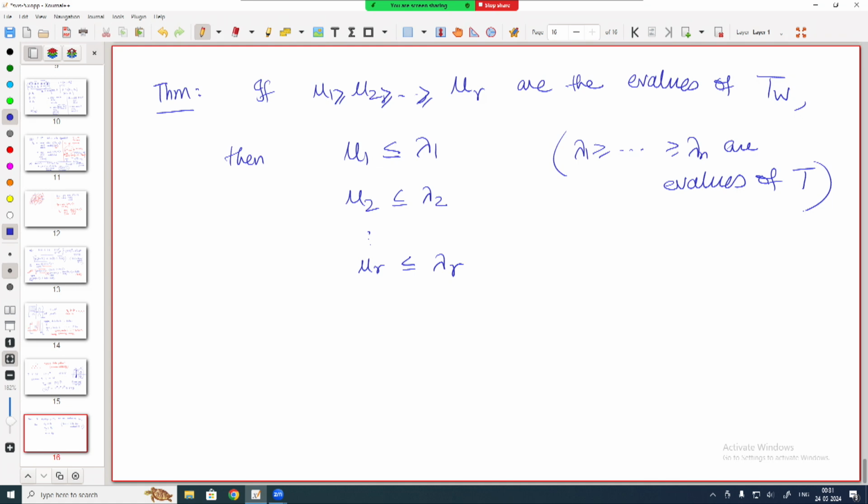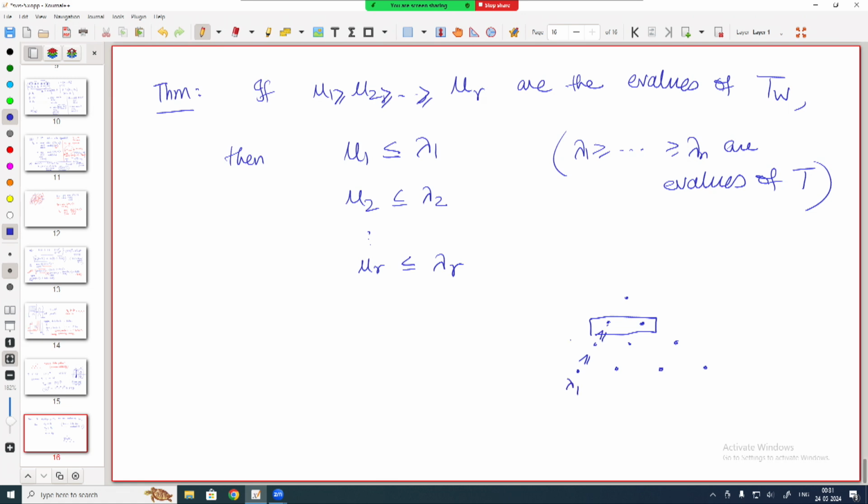You can prove it from Cauchy interlacing, if you see how that works. I have lambda 1, and these are the next eigenvalues, lambda 2 and so on. Imagine I am doing a truncation to a 2-dimensional space, and those are my 2 eigenvalues. Then what are my inequalities? This one is bigger than this one, which is bigger than this one.